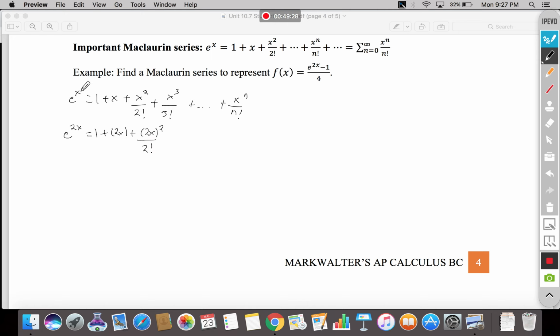Because if I'm just manipulating this x thing, if I'm making it 2x, it'll just replace all those things with 2x. That's not too bad. Plus 2x cubed over 3 factorial plus, which gives us 2x to the n over n factorial.